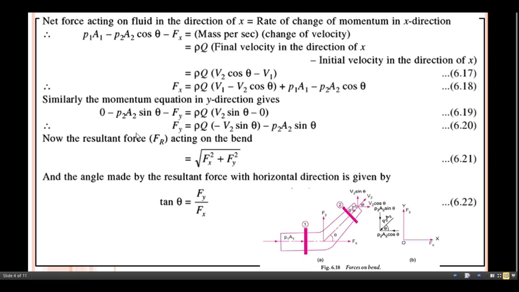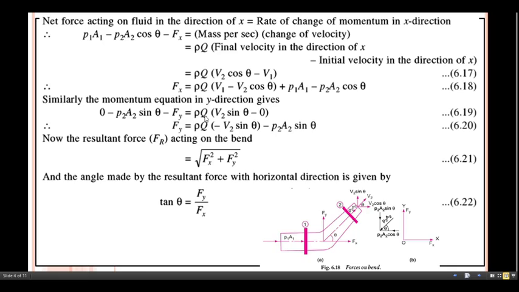Now as far as the vertical forces or the momentum equation in the y direction is concerned, the component of this one is absent in the vertical direction. That's why 0 is written here. The component of this one vertically in the downward direction is P2A2 sin θ. That's why the minus sign is given. Then if you see here again, this one is in the negative direction, so that's why the minus sign is given.